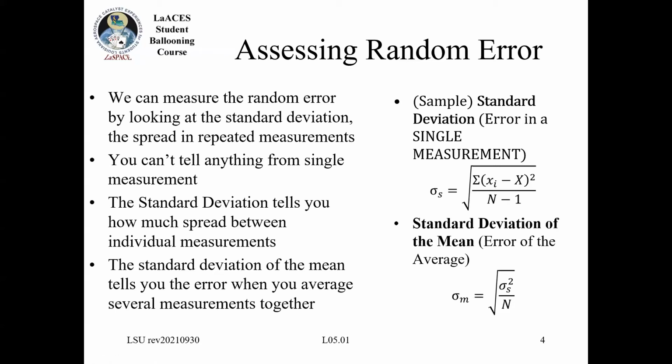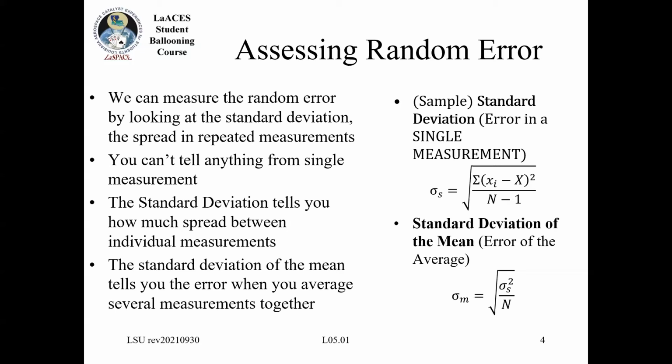So this term in the sum is the difference between the mean and each of my measurements, squared so it doesn't go positive and negative. And then I divide by the number of measurements minus 1, right? The key thing to know about this is that it's basically the error and uncertainty in a single measurement. It tells you how much scatter I expect to see from one measurement to the next.